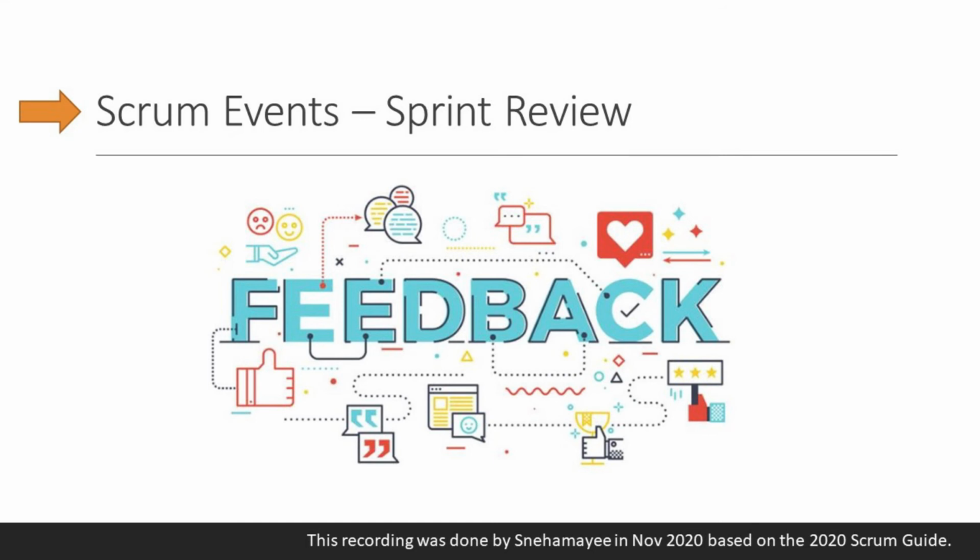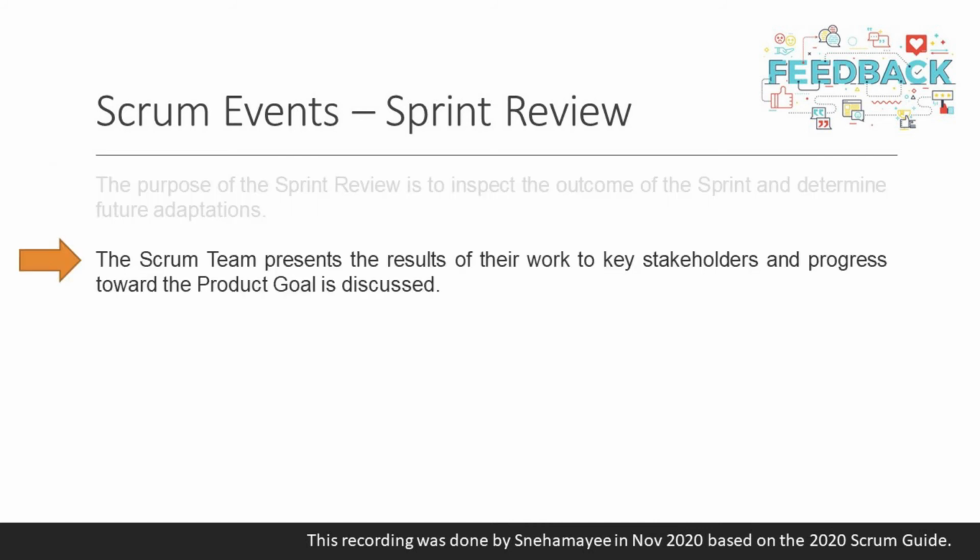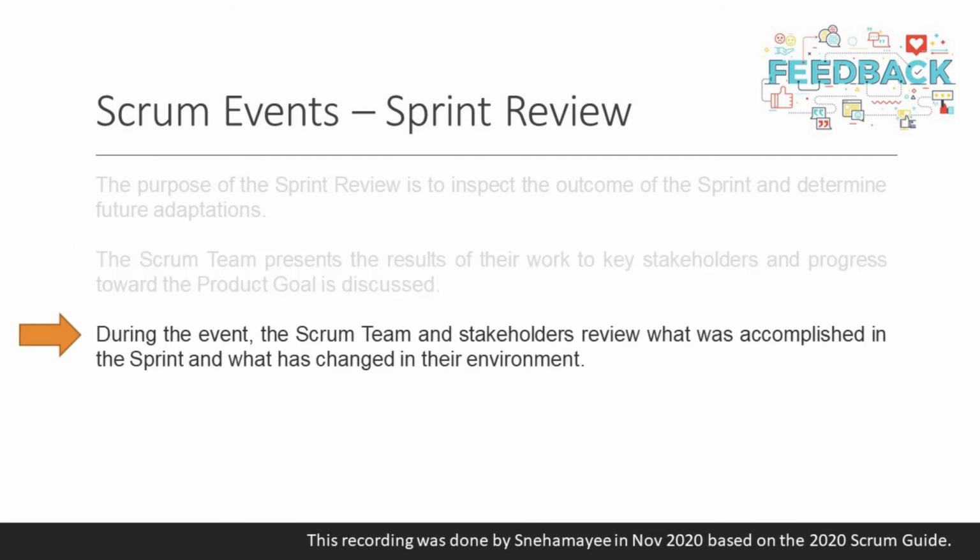Scrum events, sprint review. The purpose of the sprint review is to inspect the outcome of the sprint and determine future adaptations. The Scrum team presents the results of their work to key stakeholders and progress towards the product goal is discussed.